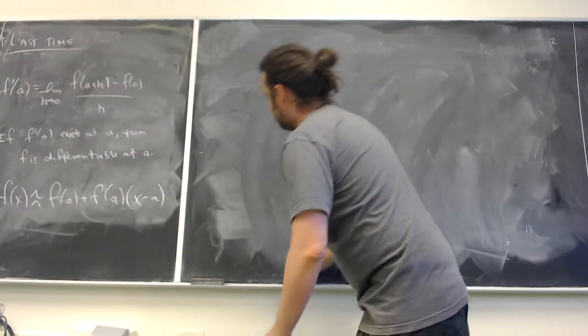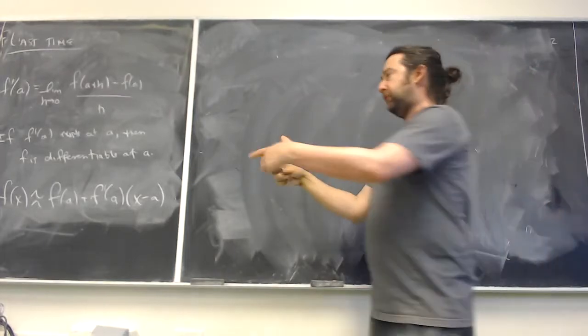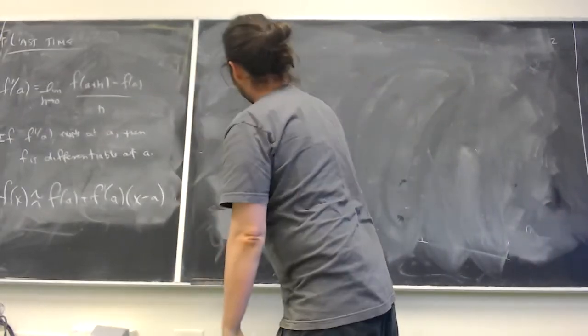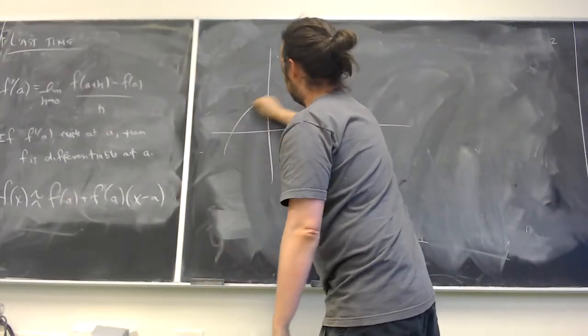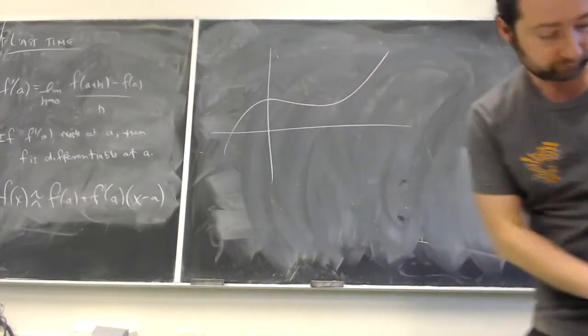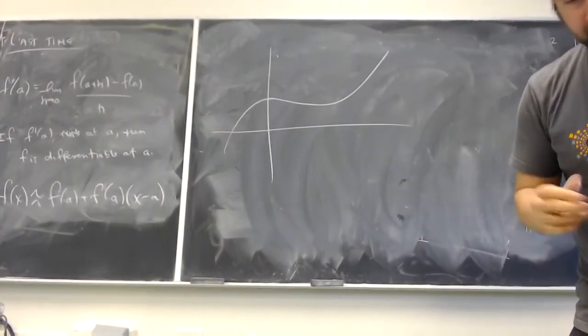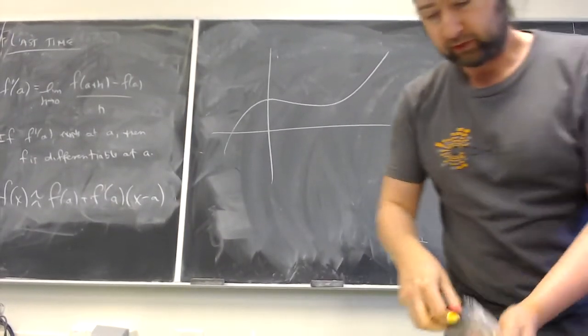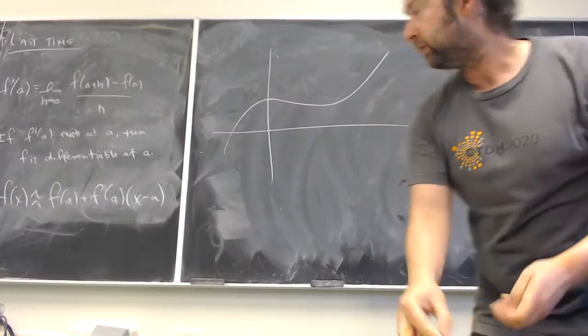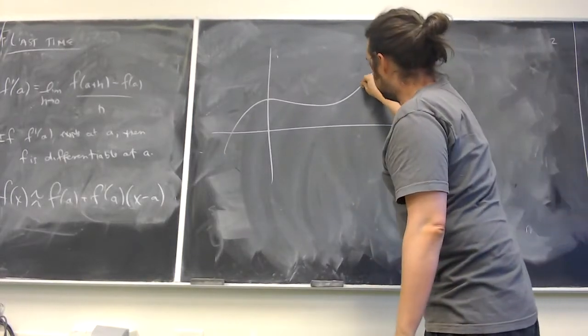Even this definition of where this limit actually comes from is a picture that looks like this, right? So you've got some function, and you say, I would like to know how this function is behaving at some point, like right here.